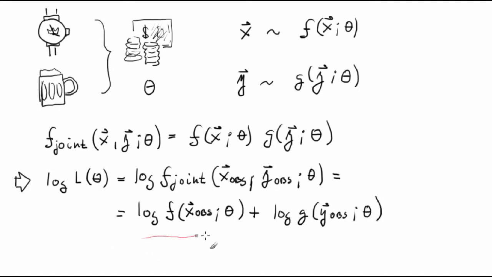Obviously, the precision of the theta measurement is higher when the two independent sets of data are combined.